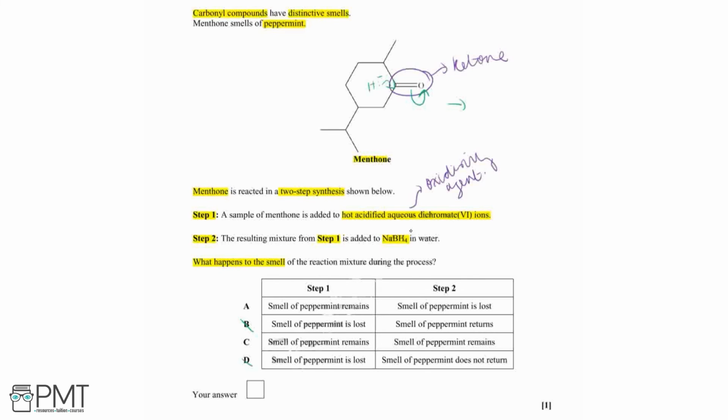And we end up forming an alcohol overall, with the rest of the molecule either side, like so. We've reacted out the carbonyl bond, therefore we're going to lose that distinctive smell of peppermint. Hence our answer is going to have to be option A overall. And that's how you answer this question.